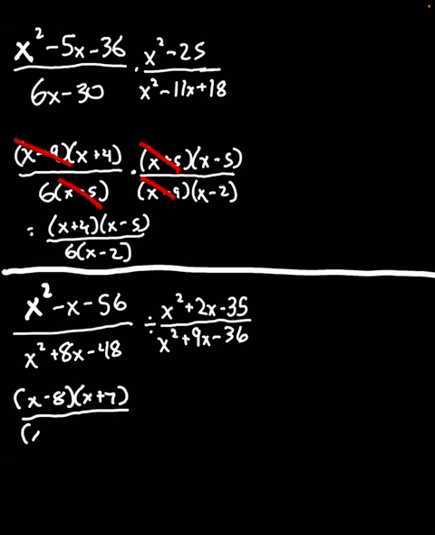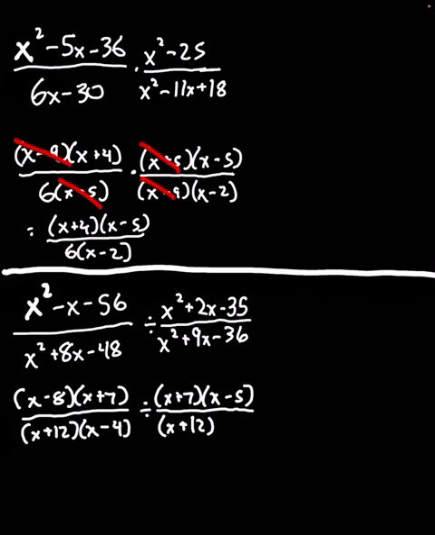That's going to give us x plus 12 times x minus 4. x squared plus 2x minus 35 is x plus 7 times x minus 5. And x squared plus 9x minus 36 is going to give us x plus 12 times x minus 3.